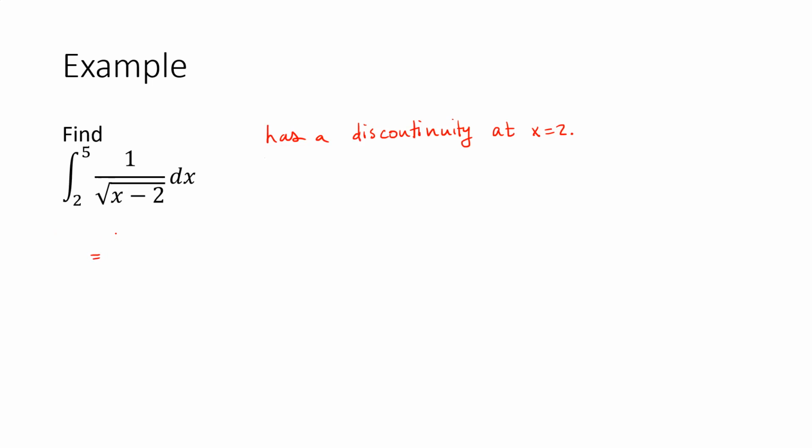Well, we're going to write this as the limit as t approaches 2 from the right of the integral from t to 5. And we'll see now, when we evaluate this limit, do we get a finite value or do we get an infinite value?